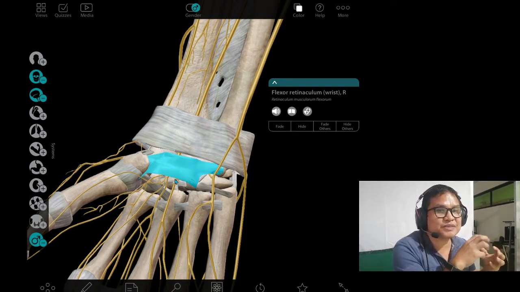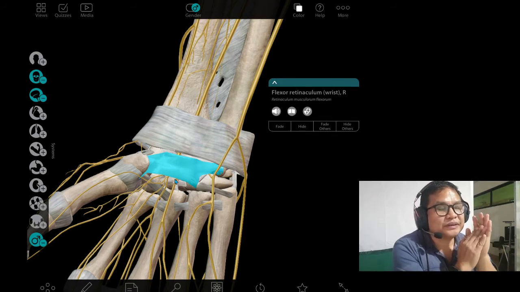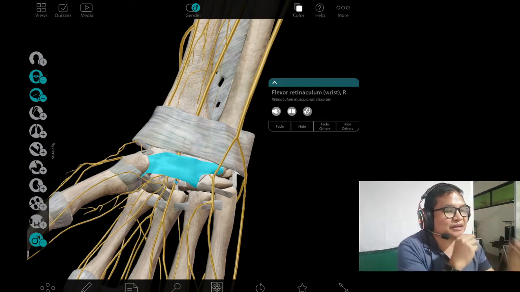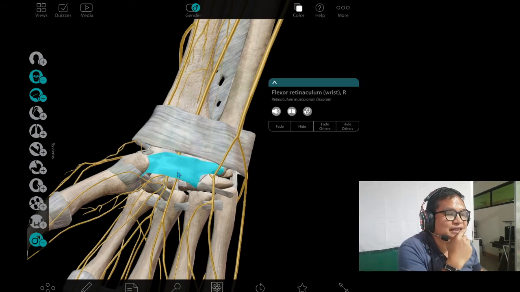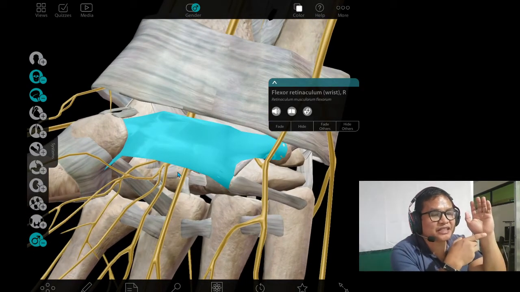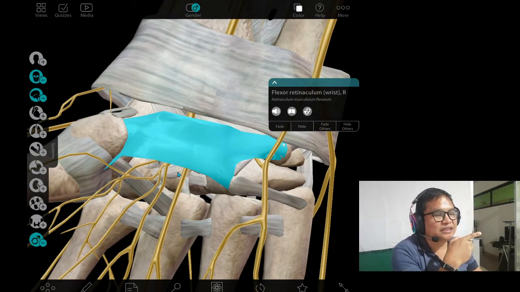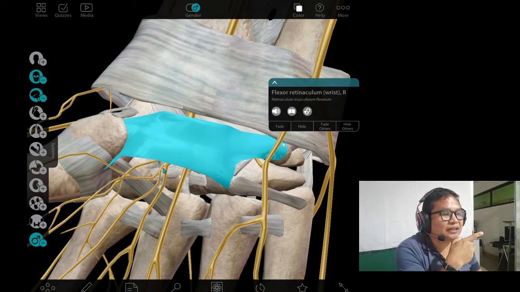The joint becomes unstable. So the nerve will be compressed here in the wrist area because of the instability of the joints in the carpal bones.